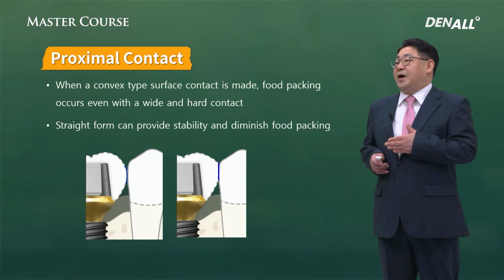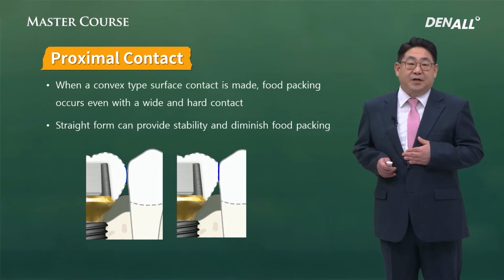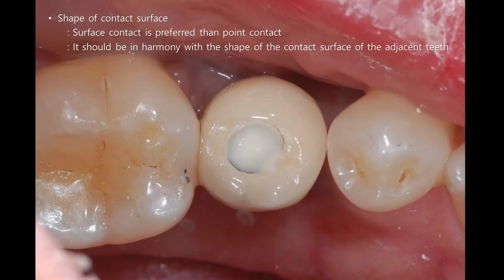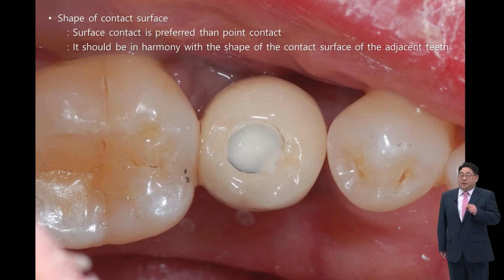It can be said that this is much more stable. Please take a look at this case. You can see that the proximal contact mesially and distally, the form are different. This is because the proximal contact of the mesial and distal tooth are different.